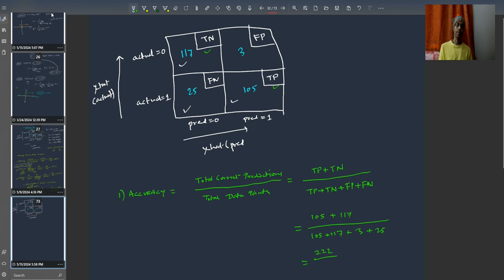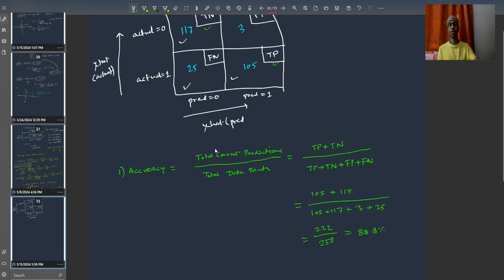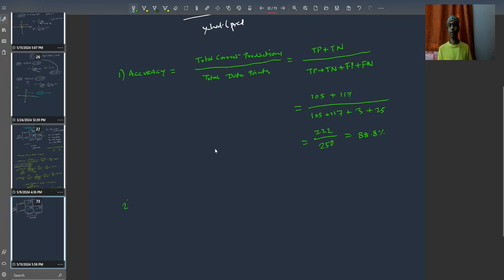So 222 plus 28, this comes to 250. Now if we take percentage, this comes to 88.8%. This is the accuracy of the logistic regression that we have done. The next metric is precision.